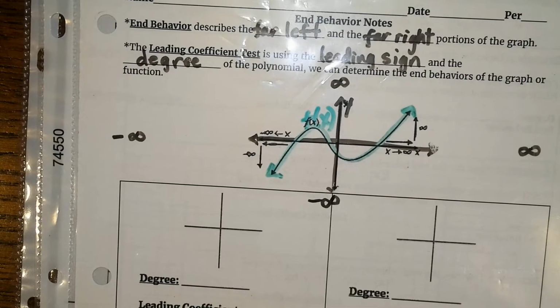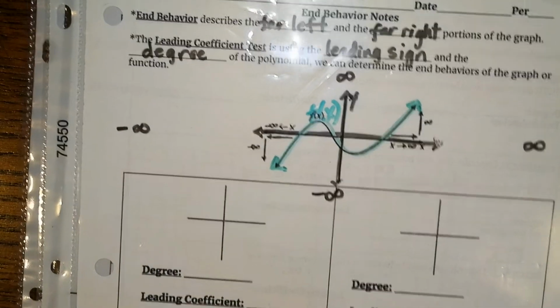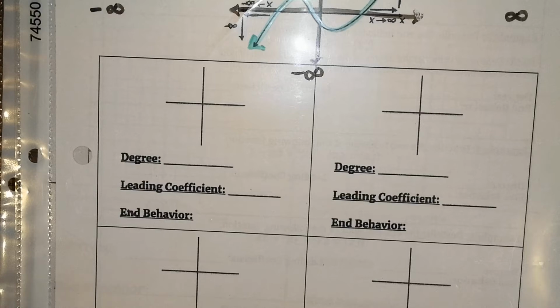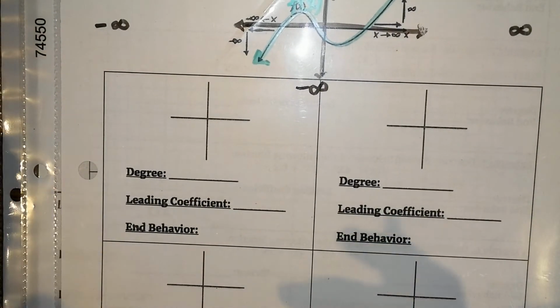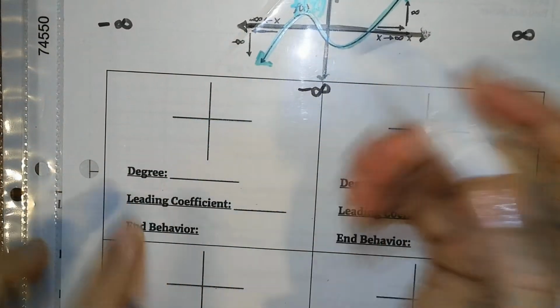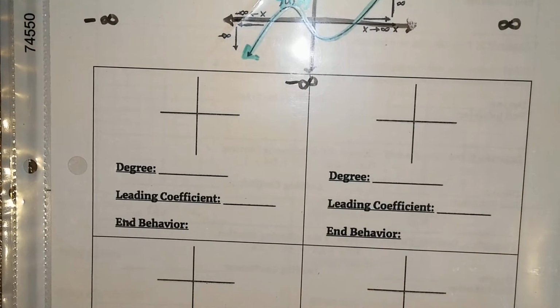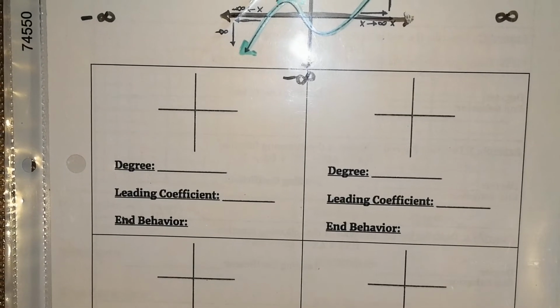So I'm going to go through, there's only 4 possibilities, and I'm going to go through each one. So do these sketches on your paper, do a box of 4 of them. Give you another second to do that. And of course, you can always pause and take your time depending on how fast this is going.